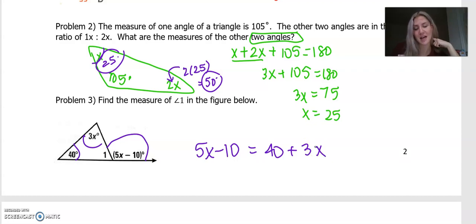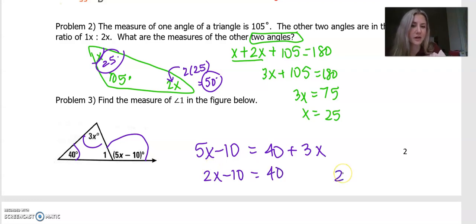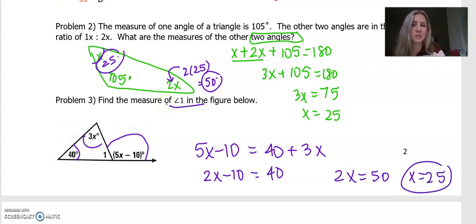Combine like terms. I'm going to subtract the 3x over. I'm going to add the 10 over. And I get x equals 25. Again, find the measure of angle 1. We're going to take that 25 and substitute it right in, and we should get 115.